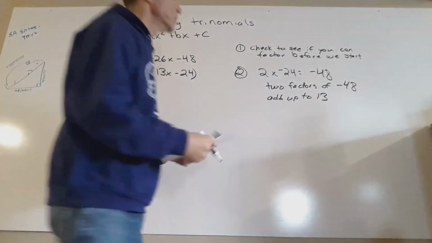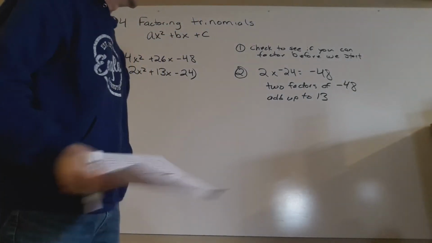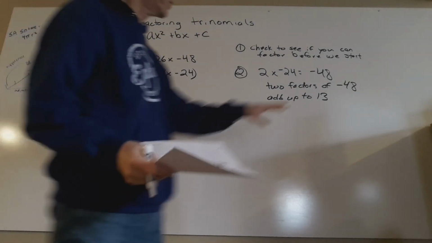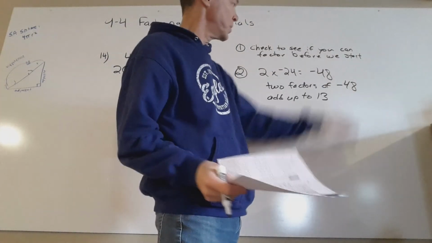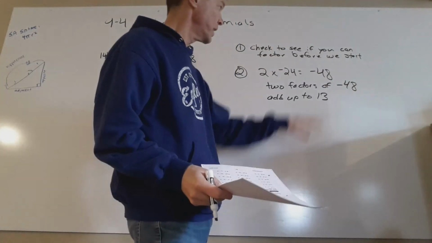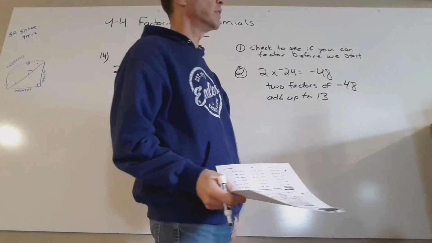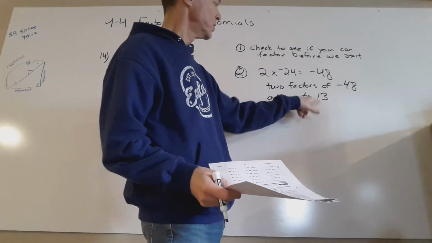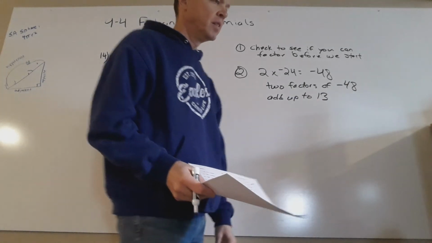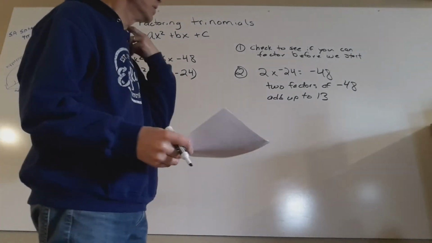Now we got to do some brainstorming. Well, all right. I first think of 6 times 8. 6 times 8 is 48. One's going to be positive and one will be negative. And if I add those two together, I'll either get a positive 2 or a negative 2.